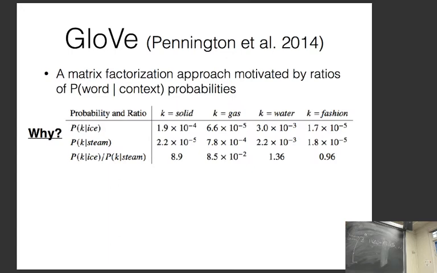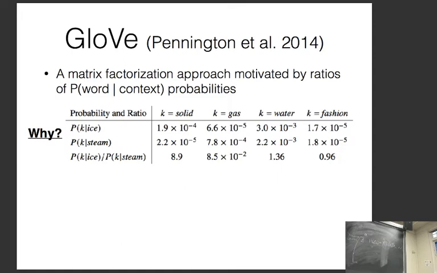We can look at the probability of solid given ice, the probability of gas given ice, the probability of solid given steam, and the probability of gas given steam. And you can see that the probability of solid given ice is way higher than the probability of solid given steam.